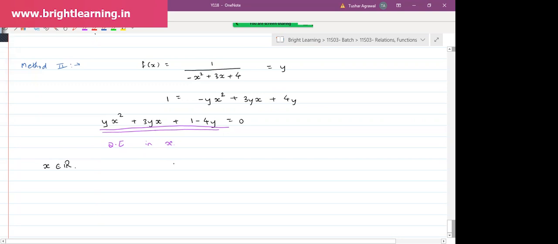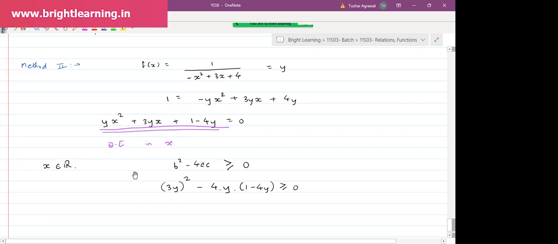So my b square minus 4ac is definitely greater than or equal to 0. Do you realize this part? Yes, sir. Okay. So b is 3y, complete square, minus 4 into a, which is y, and c is 1 minus 4y, greater than or equal to 0.